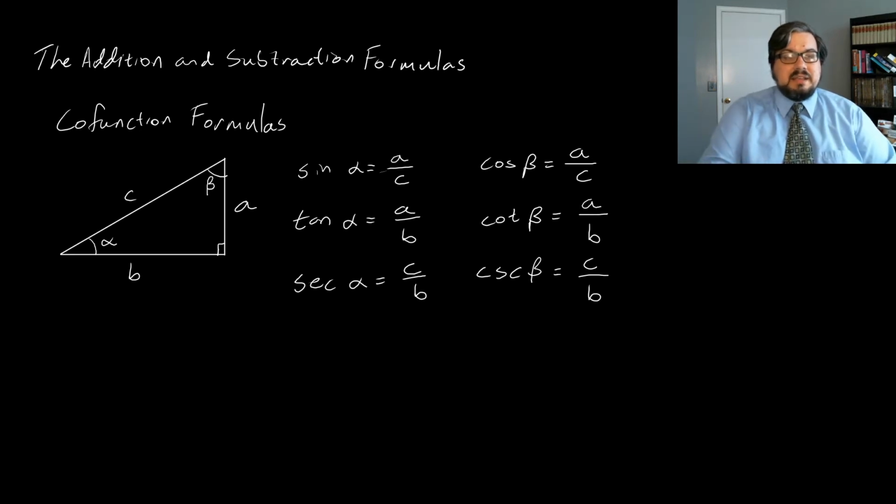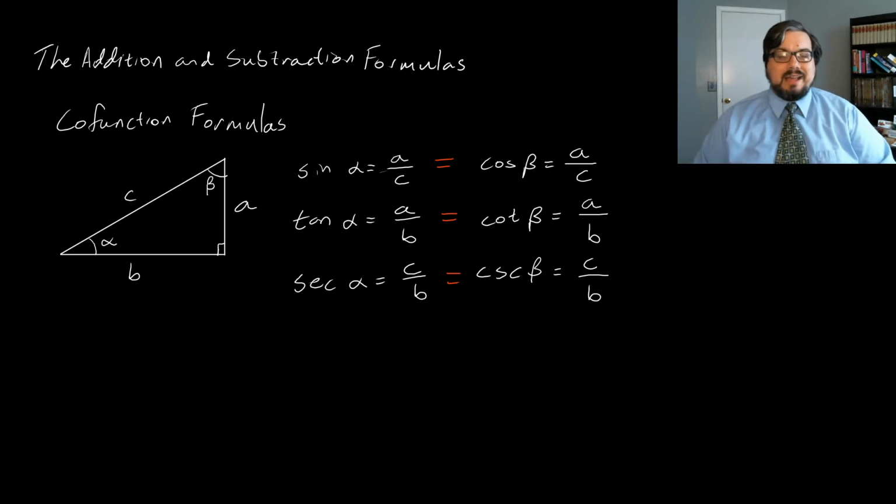And so we see that, in fact, in each one of these cases, the function of one angle and the cofunction of the other angle are equal to one another. And this is where the cofunction description comes from. It comes from comparing one angle in a right triangle to the other acute angle in the right triangle and saying that, well, sine of alpha is the same as cosine of beta, and so forth and so on.